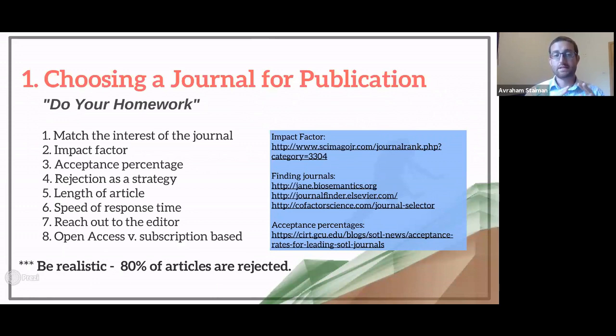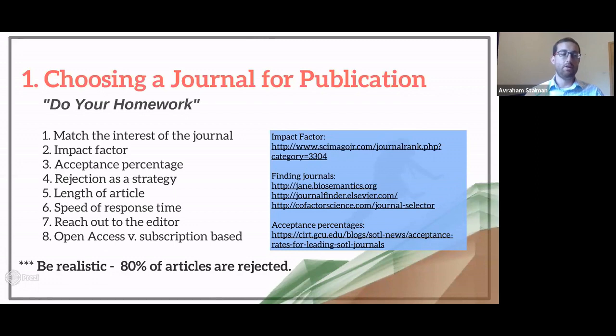Now, the next criterion is acceptance percentage, and this is one that's often overlooked, in my opinion, but should really be taken seriously. What I mean by that is that the journals report, theoretically report, how many articles they receive every year and how many they publish.